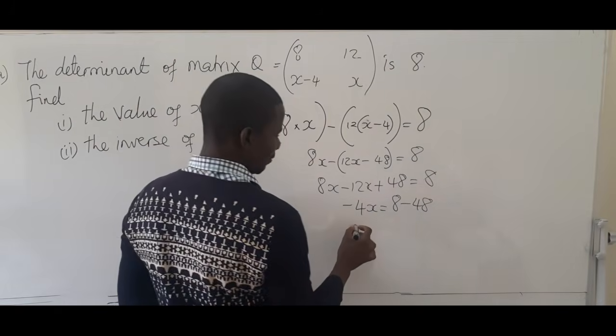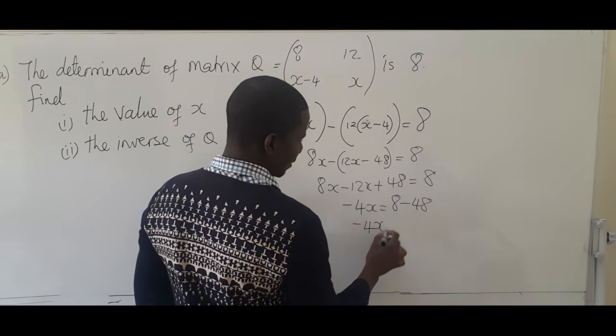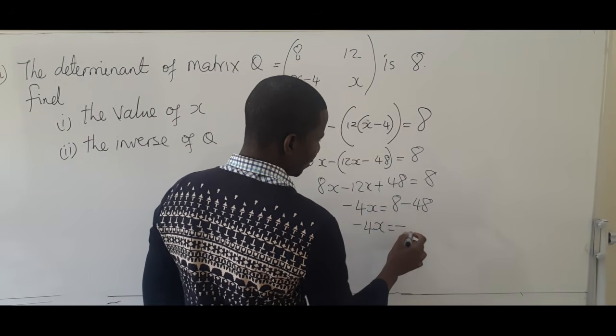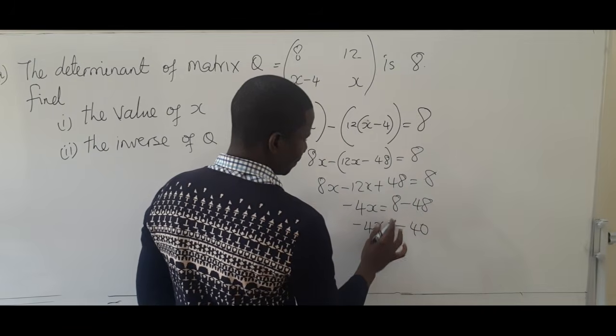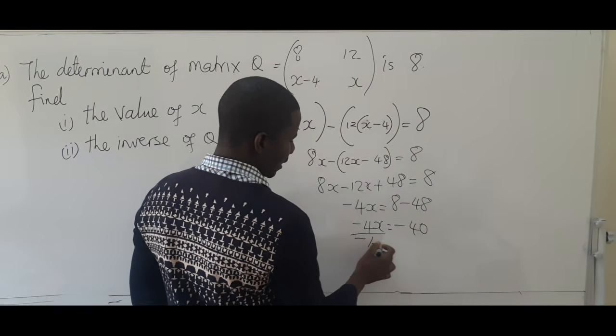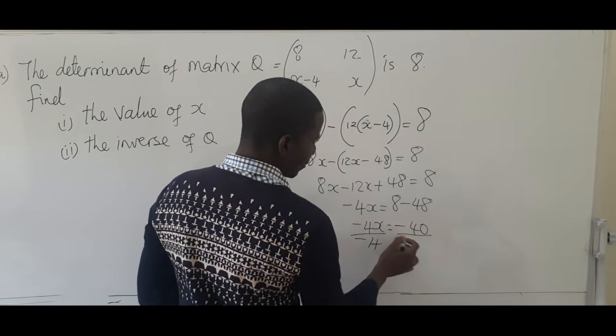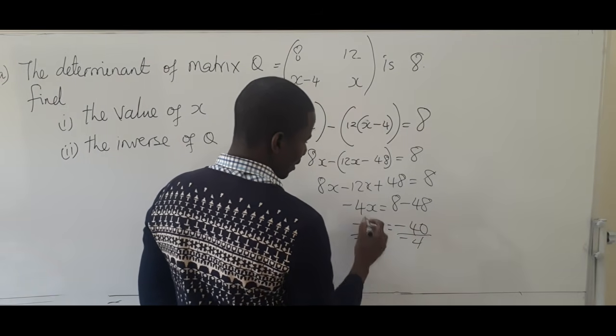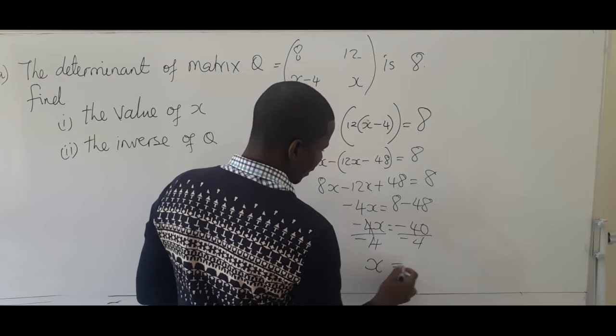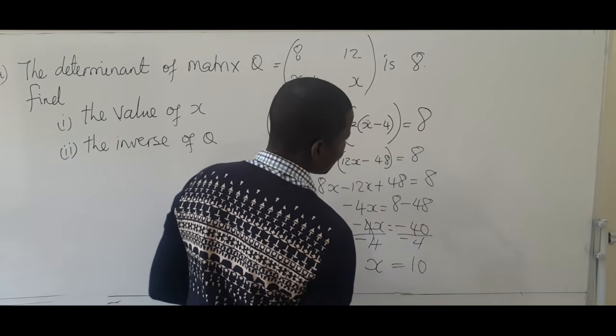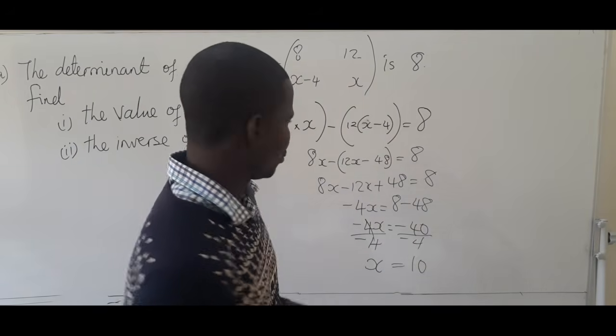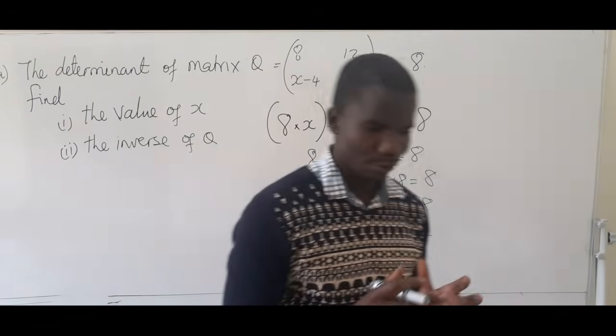So this gives us negative 4x is equal to negative 40. When you divide both sides by negative 4, we get x is equal to 10. X is equal to 10. So take note of that.